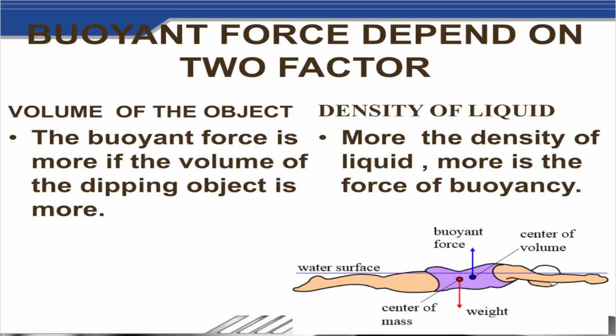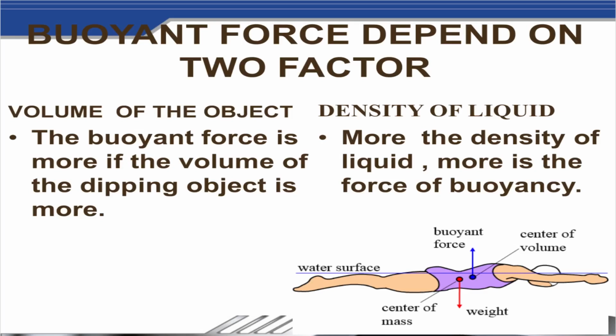If we see the example of buoyant force, a lemon sinks in a glass filled with water, but it floats when we stir in two spoons of salt in the water. Why does this happen? When the salt is dissolved in the water, the density of water increases.